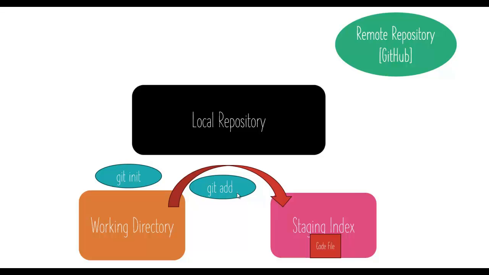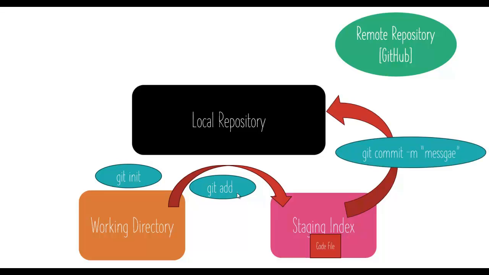Then we saved a checkpoint, meaning a snapshot, in our local repository with git commit -m and a commit message. Now our snapshots are available inside our local repository, the .git directory, the hidden directory that I showed you in the last video.